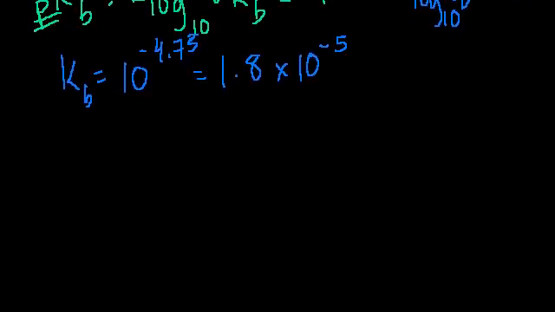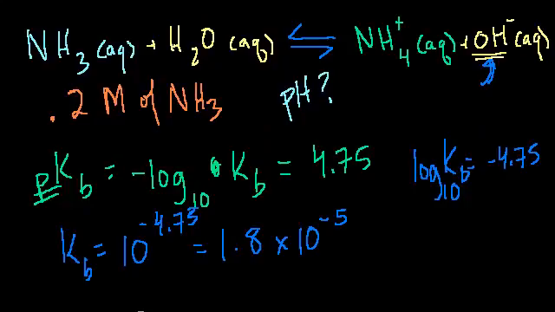So this equilibrium constant formula would look like this: 1.8 times 10 to the minus 5 will be equal to, in the denominator we have our concentration of reactants. Remember, you don't include the solvent, so you only include the NH3.